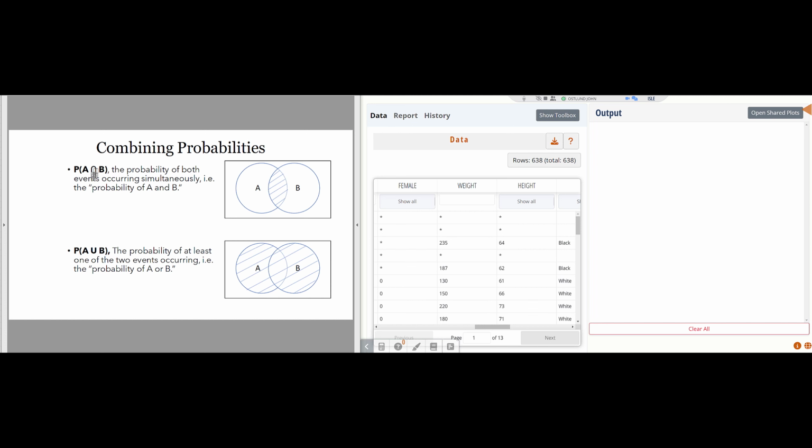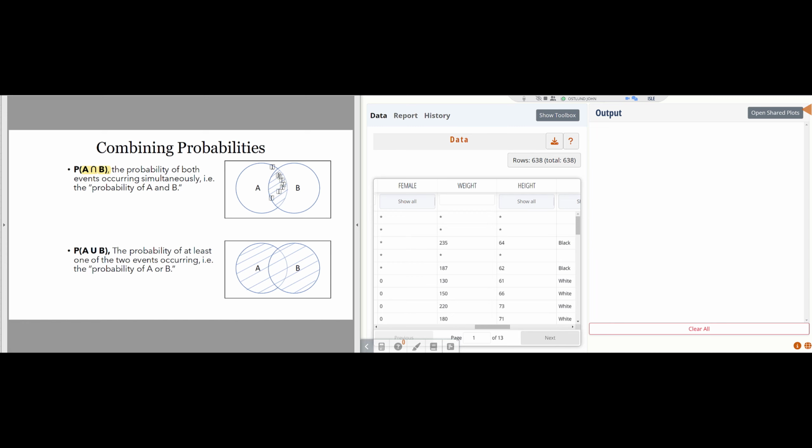Now, the notation probability of A and B means that both event A and event B occur. We read that notation by saying that we're asking for the probability of both A and B occurring.